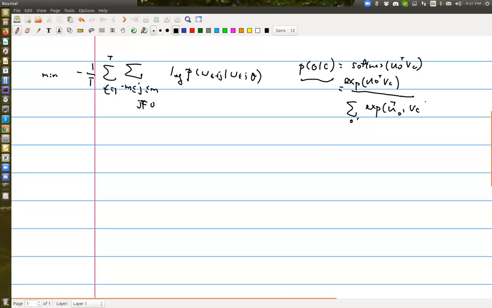So I should have this normalized by the sum over O' of the exponential of U_O' transpose V_C, so that I can make sure that when I sum over O, I get one.